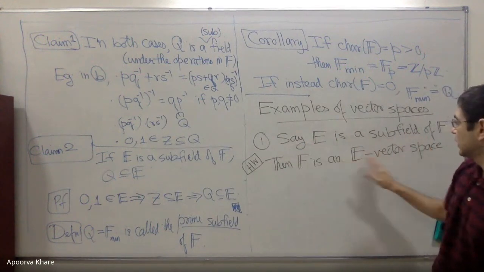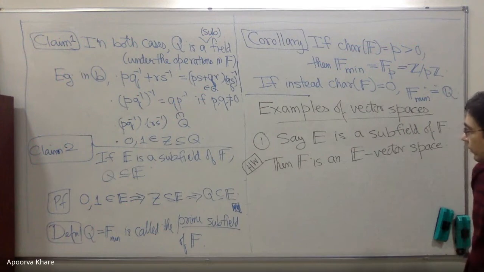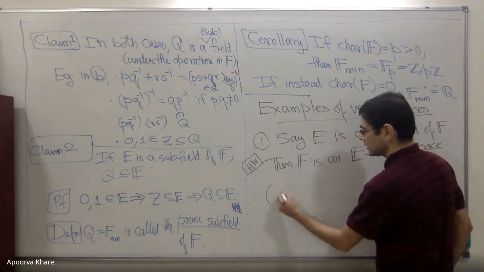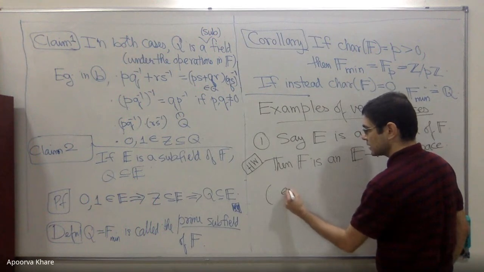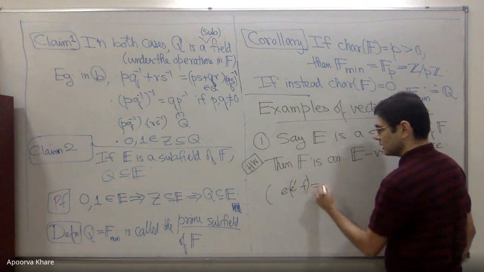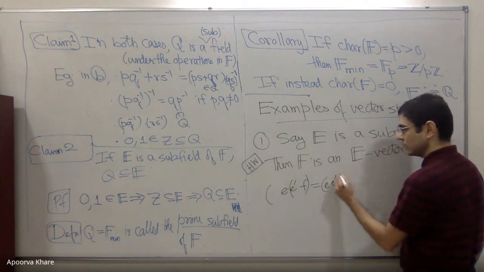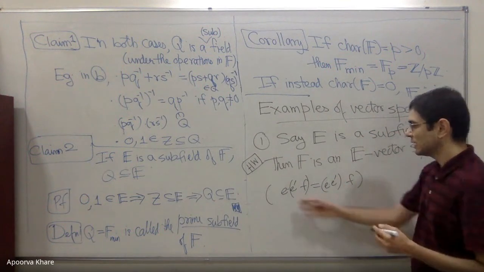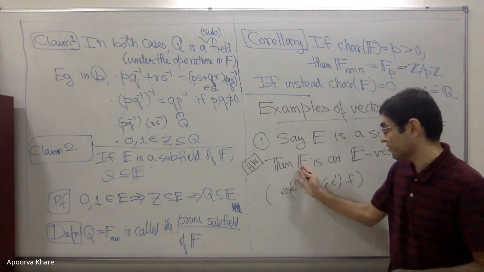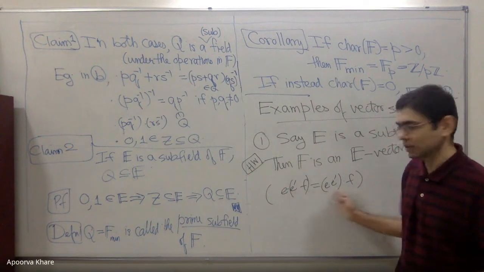So this is one example, okay, and you can verify things like that, right? So basically you are saying something like this: E times E prime times F equals E times E prime times F. Well, these are all obvious statements because this is all true in the field. In the field F, multiplication is associative, therefore this is true.